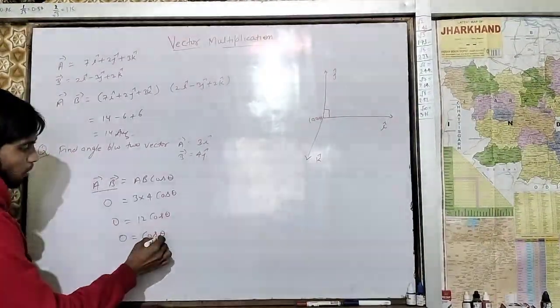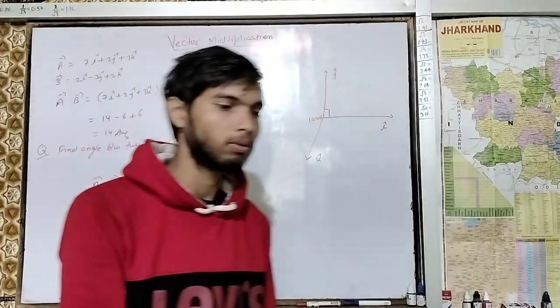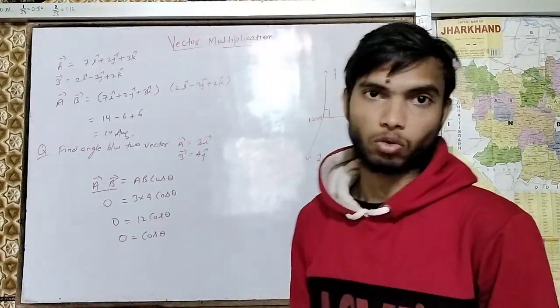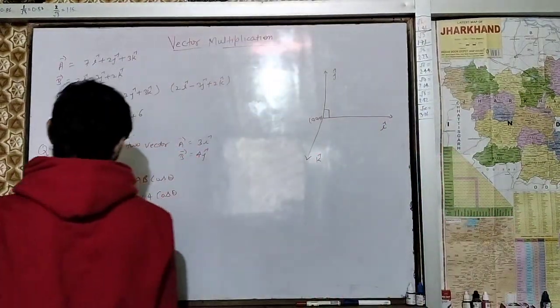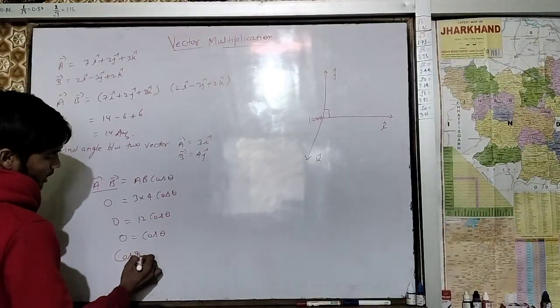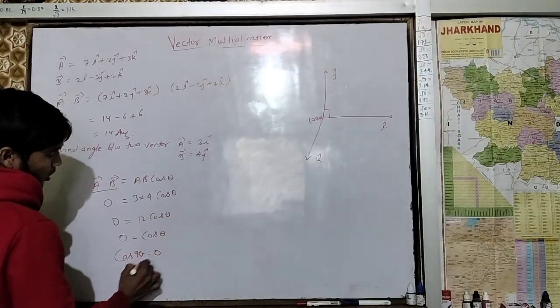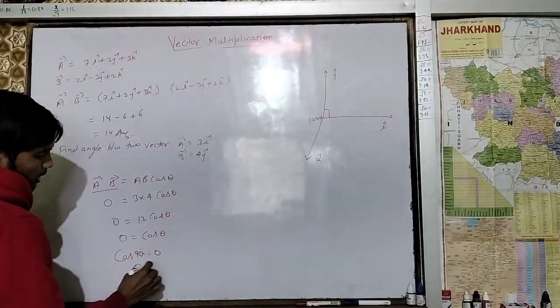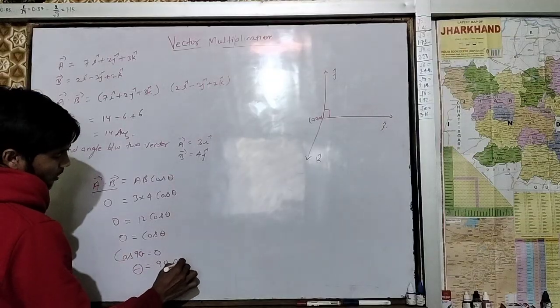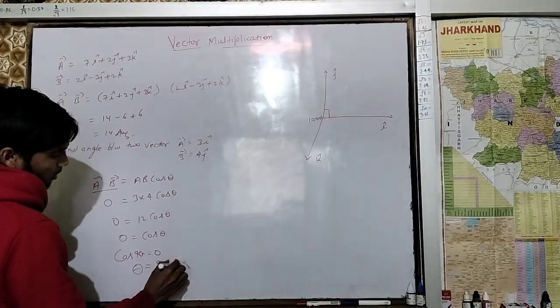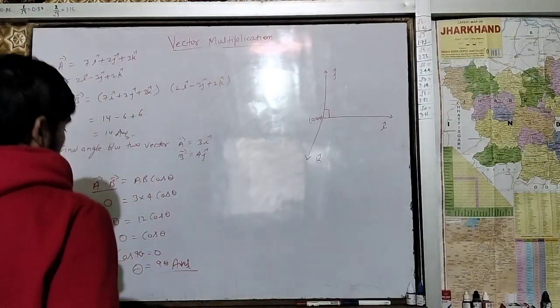As you know, what should the angle be which will give us a 0 value? So 90, I think 90. So cos 90 is equal to 0. So finally we got theta as 90. This is our answer. Okay, 90.